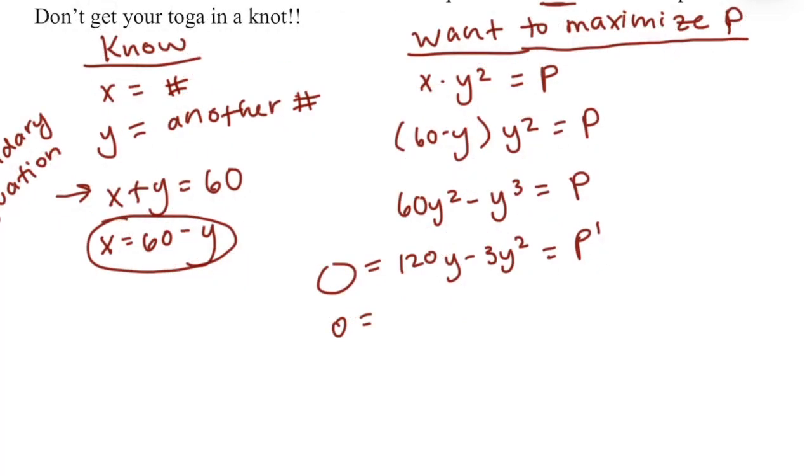So let's factor this thing. I can factor out 3y from both terms. Now that it's factored, I can set each of these terms equal to 0 to solve for y. I get y equals 0 and y equals 40.